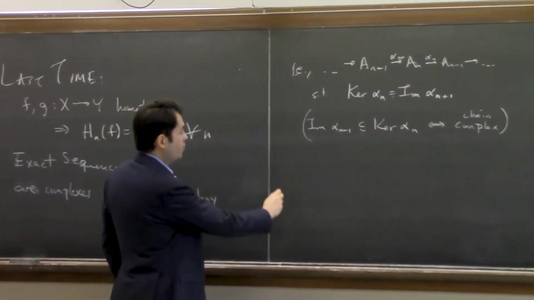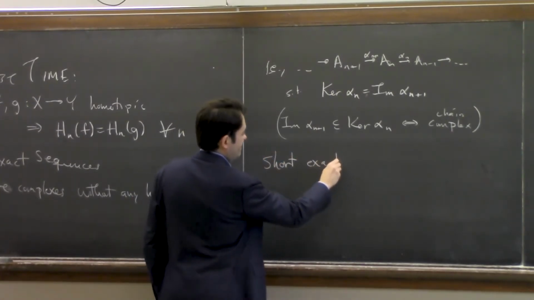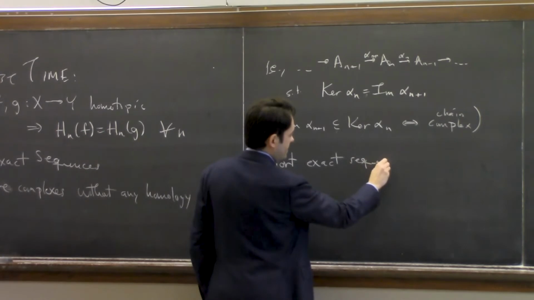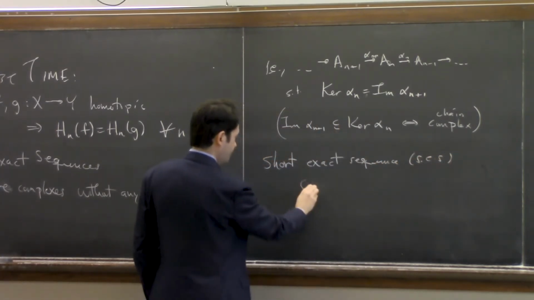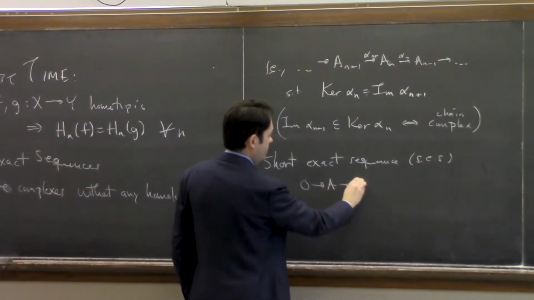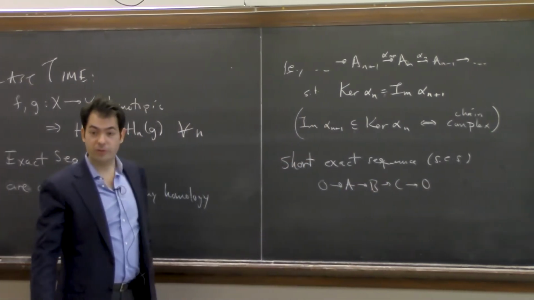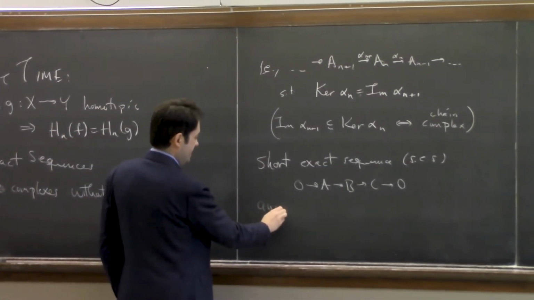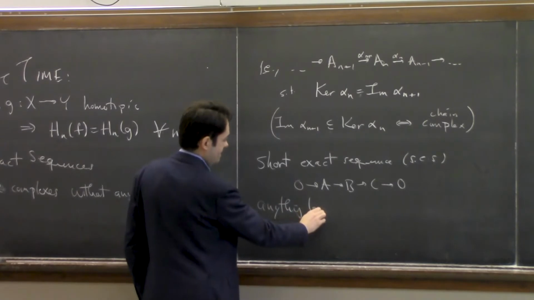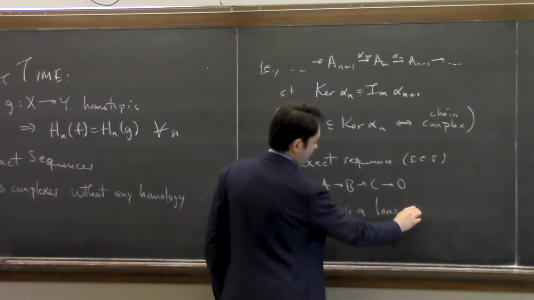So we have what are called short exact sequences, which is when you have 5 groups, but the 2 extreme ones are 0, and anything longer is a long exact sequence.